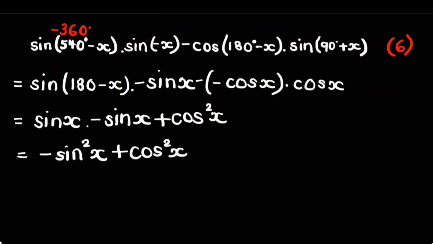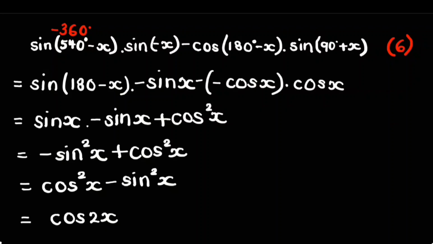What's actually interesting is that if we swap these two terms around and we write them as cos squared x minus sine squared x, we realize that this is one of the expansions for the double angle of cos. So this is just equal to cos 2x. And that is our final answer.